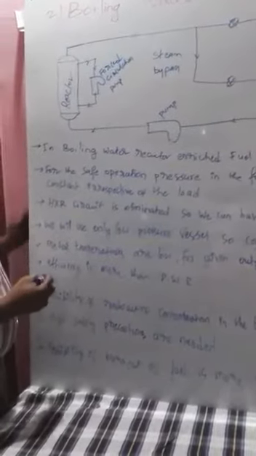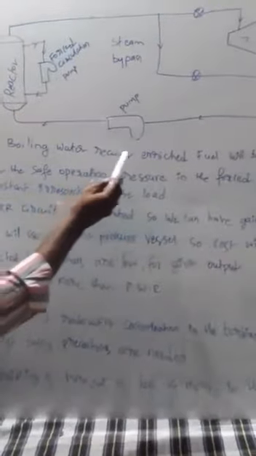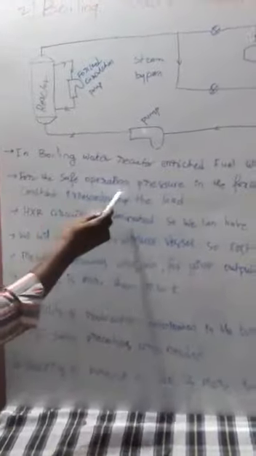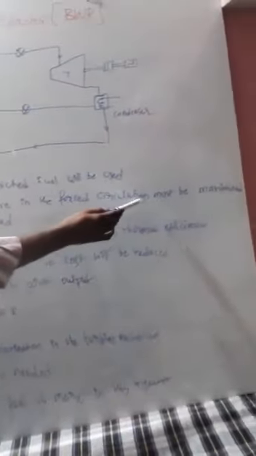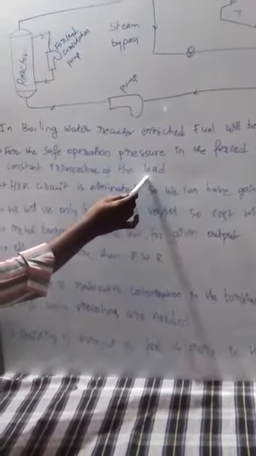What are the main points presented in it? In boiling water reactor, we will use enriched fuel. For the safe operation, pressure in the forced circulation pump must be maintained constant irrespective of the load on the generator.